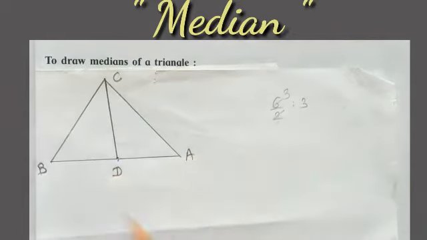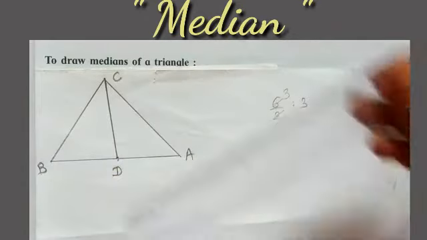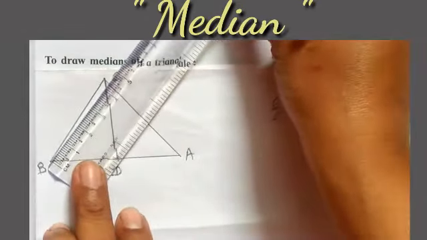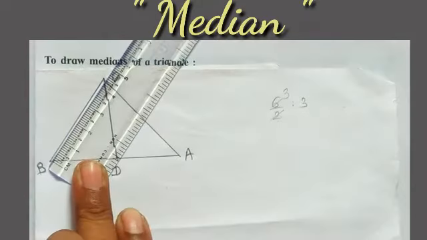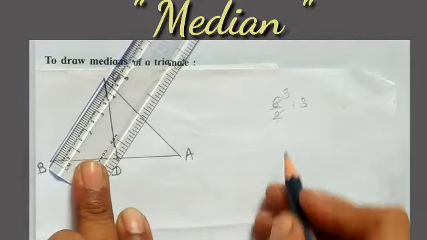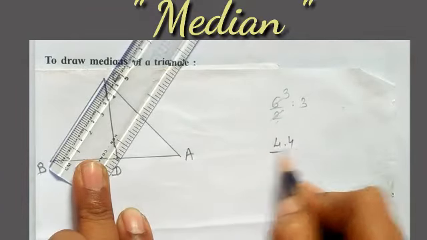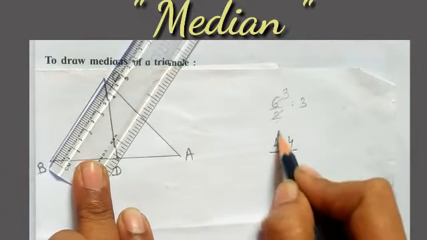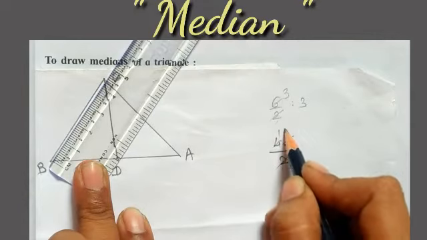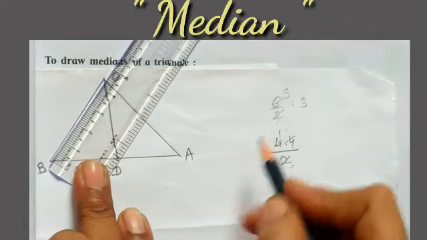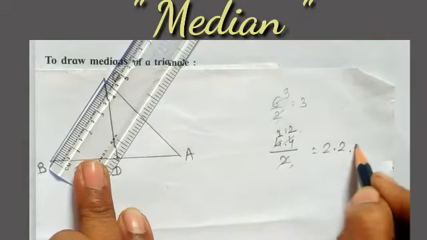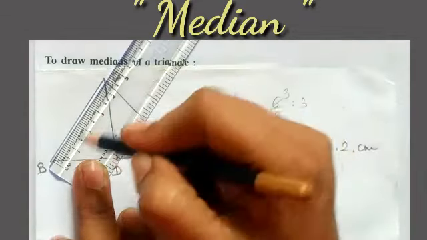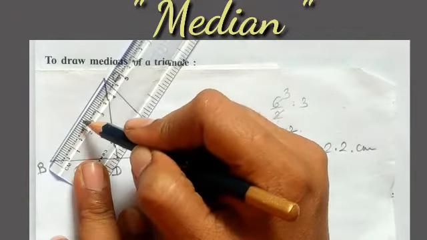Now let's measure the side BC, which is 4.4 centimeter. So 4.4, its half: 2 twos are 4, 2 twos are 4. That is 2.2 centimeter.